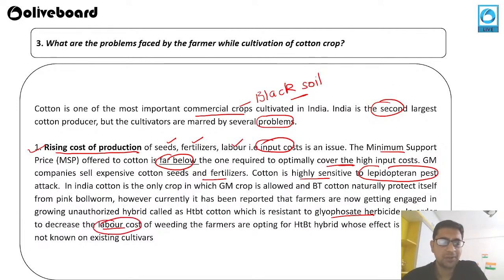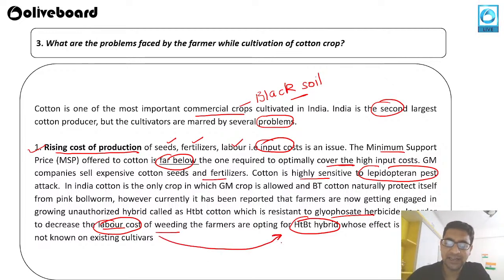Labor cost is also one of the most important things. Normally labor costs are high because there is too much weeding in the crop. To remove the weeds, labor has to be applied, so we have to pay the labor. That is why farmers are opting for HTBT herbicide-tolerant seeds, whose effect is currently not known on existing cultivars.